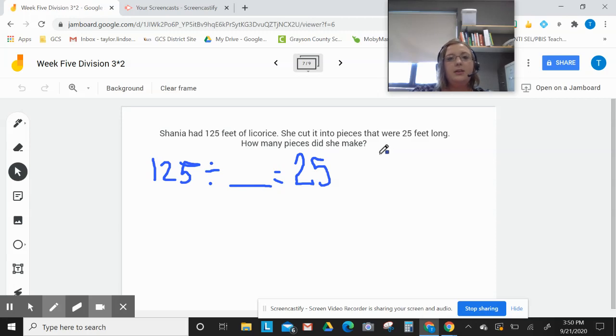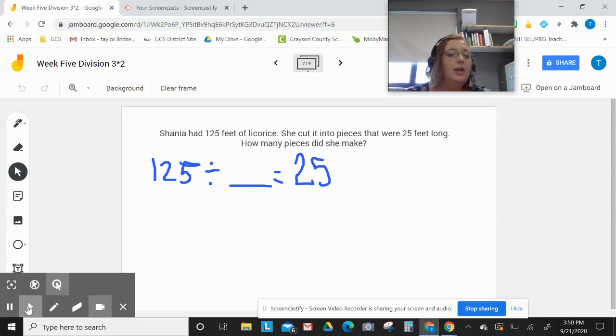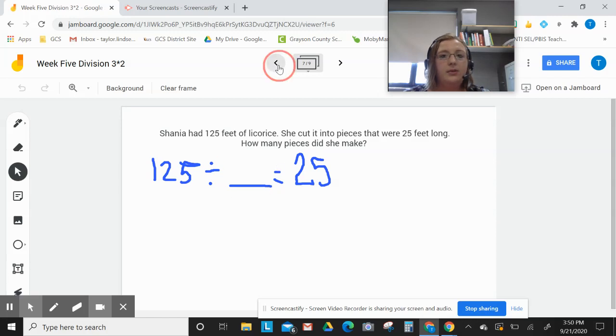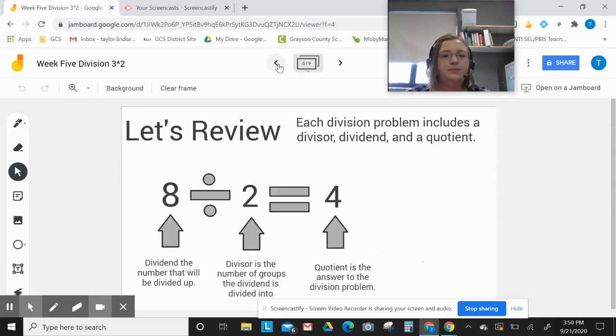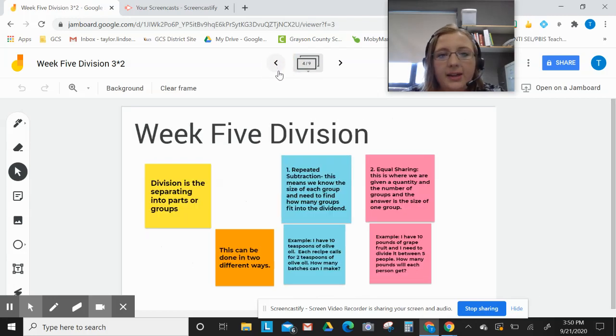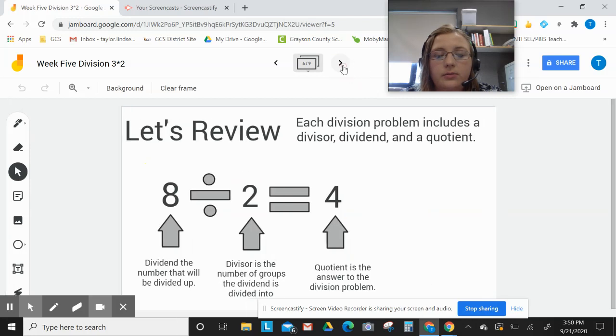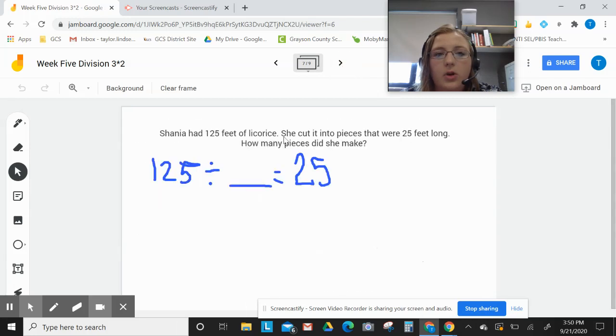So now our job is to solve our equation. But I want you to look at this and figure out, what type of problem is it? Is it equal sharing or is it repeated subtraction? When we go back, repeated subtraction is when we're looking for the number of groups, equal sharing is looking for the size. Are we looking for the groups or the size?